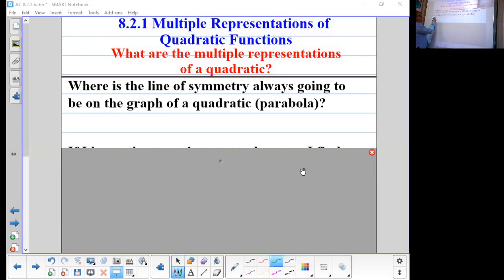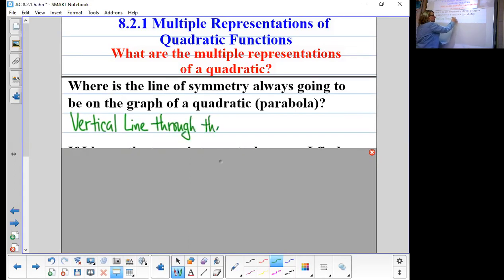So it is always a vertical line through the vertex. And we talked about how we write the equation of a vertical line: we write x equals whatever number the x value is.